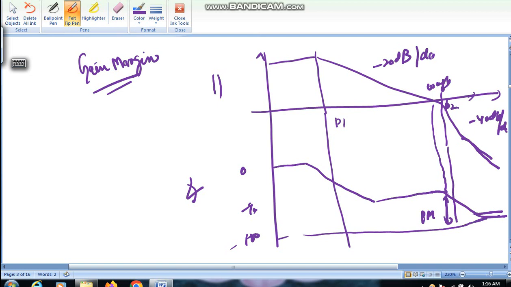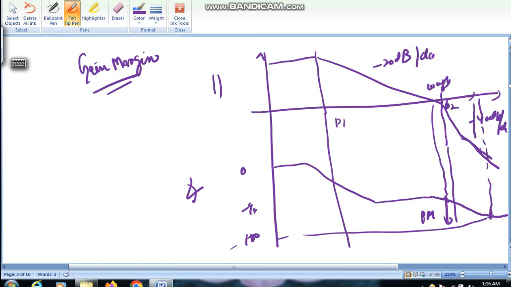Now this is the point when phase reaches minus 180 degree.